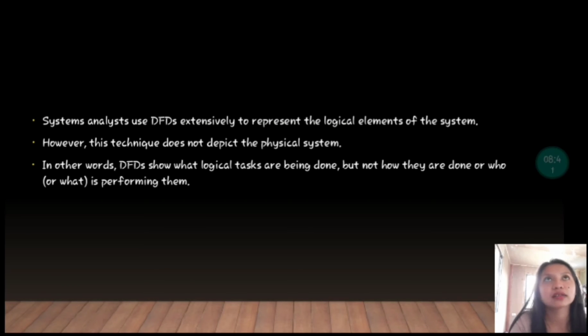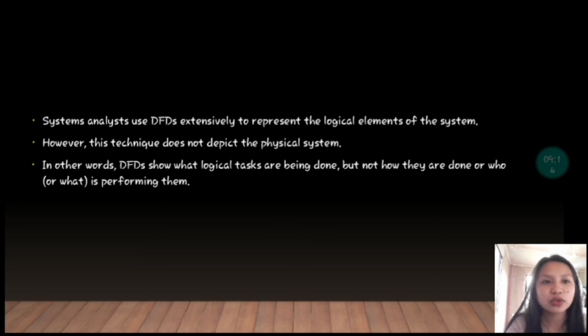So the data flow diagram only shows a logical overview of the process or the system itself, where the flow goes and what happens next, but it doesn't show how they are done. For example, how they are going to approve the sales order, or bill the customers, or ship the goods. It just shows the flow of the data and where it is going.